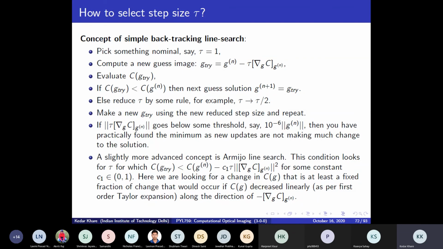So the norm of G_{n+1} minus G_n is the change in the solution because of my update step. This norm is essentially the same as the norm of tau times the gradient. If you divide this norm by the norm of the current solution itself, which is G_n, then if this relative change in the solution in norm due to one update step has gone below some threshold, I can say that I have essentially converged for all practical purposes. Is that okay?